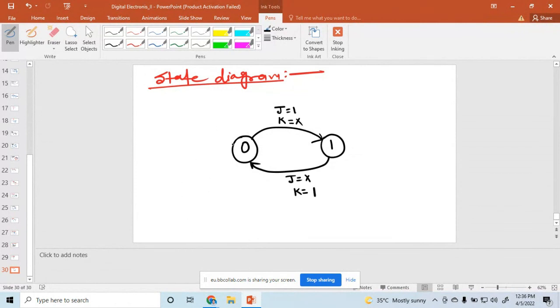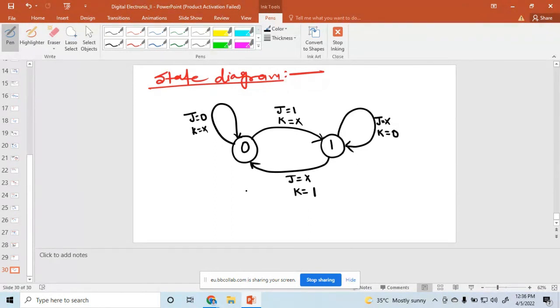Similarly, when you start from 0 and come back to 0, in that condition J is 0, but K is equal to don't care. Or when you start at 1 and come back to 1, in that condition J is don't care, but K is equal to 0.